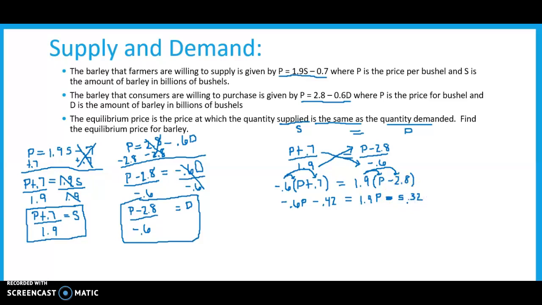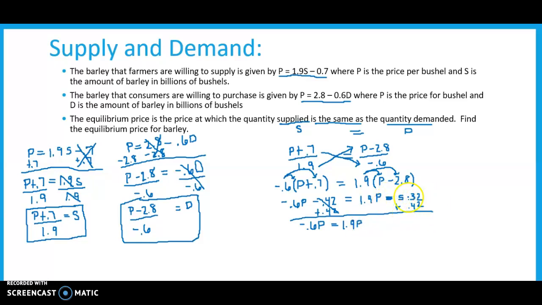Now I would like to get like terms together. So in order to do that, I'm going to start with addition and subtraction. So I'm going to add 0.42 to both sides. That is a constant term, so I add it out here. So on the left-hand side, these cancel, and I'm left with negative 0.6p equals 1.9p.